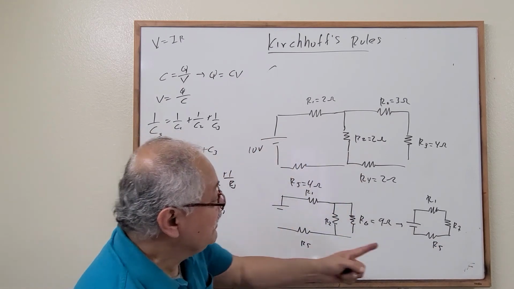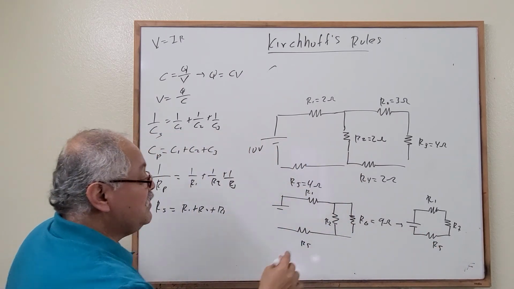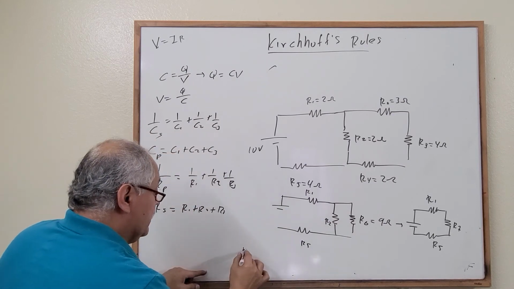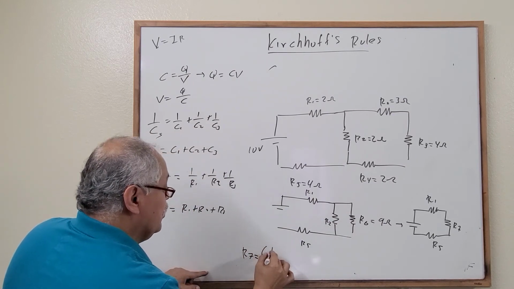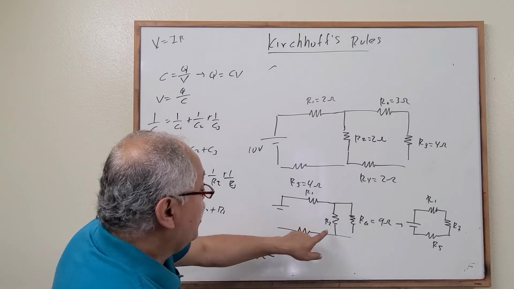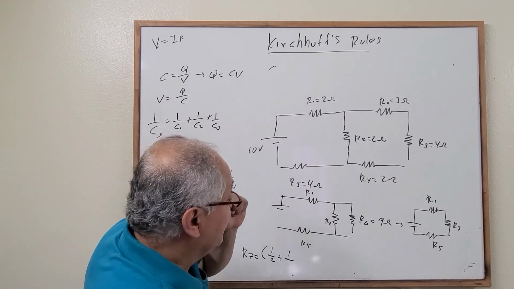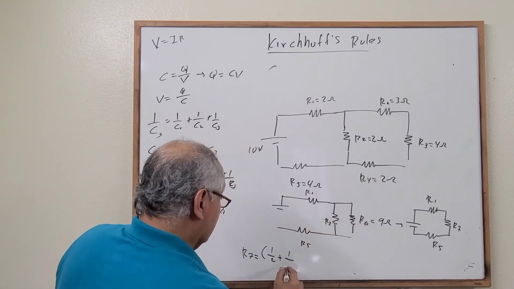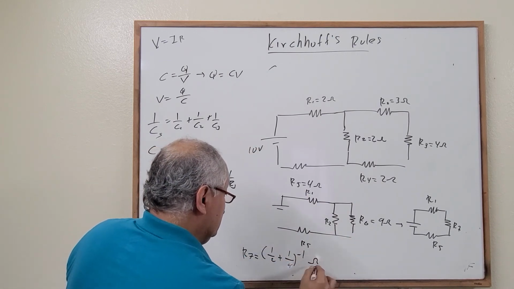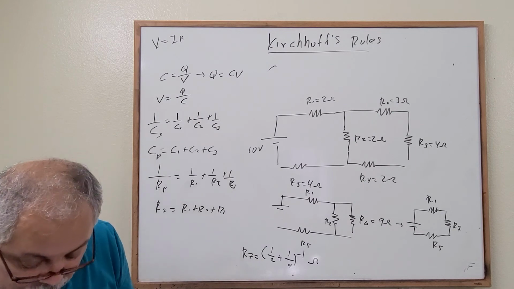What should be R7? Well, these two are in parallel, so R7 is equal to 1 over R2, which is 2, plus 1 over R6, which is 9, correct? Inverse, and the units are ohms.